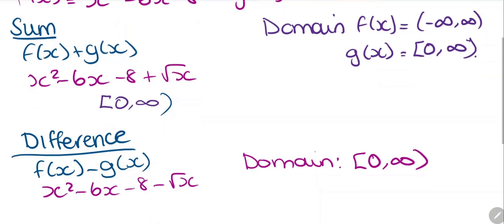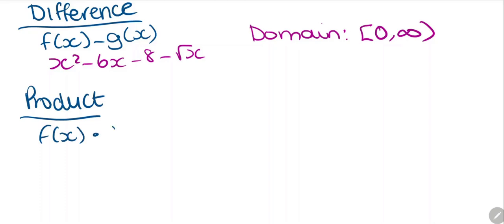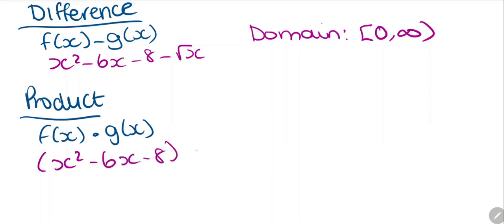Let's have a look at the product. So the product, we have f of x multiplied by g of x. So this time x squared minus 6x minus 8, and this is multiplied by root x.